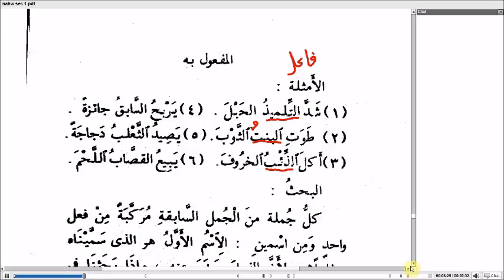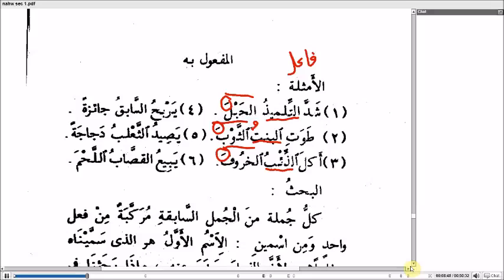What is getting eaten, or what is getting tied? The rope, it's mansoob. The thob, it's mansoob. The kharuf, it's mansoob.